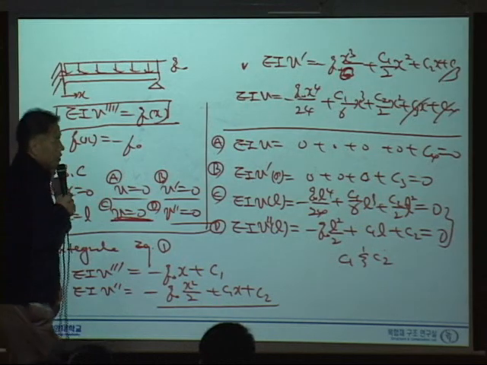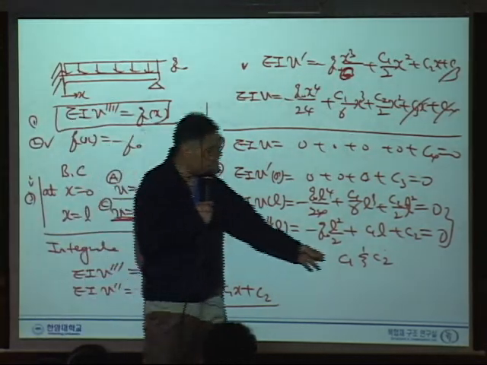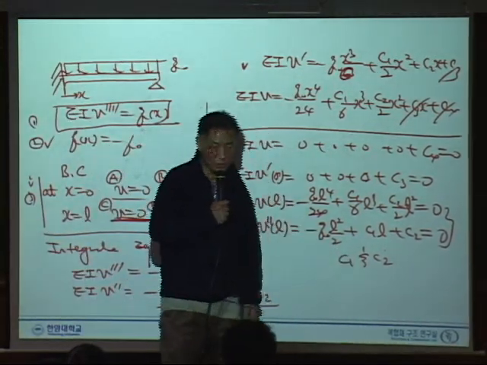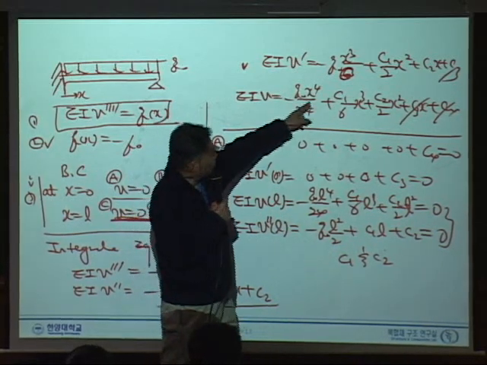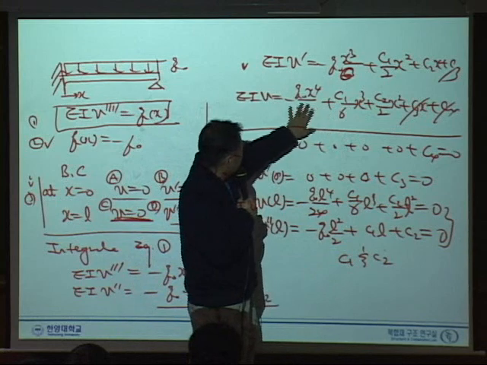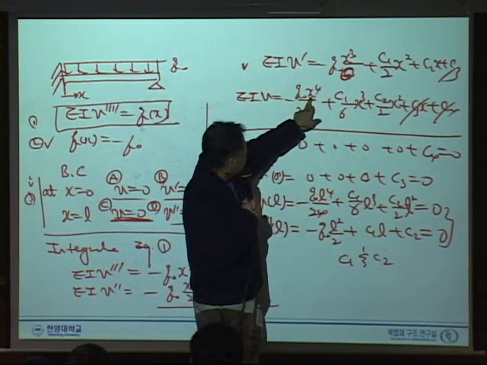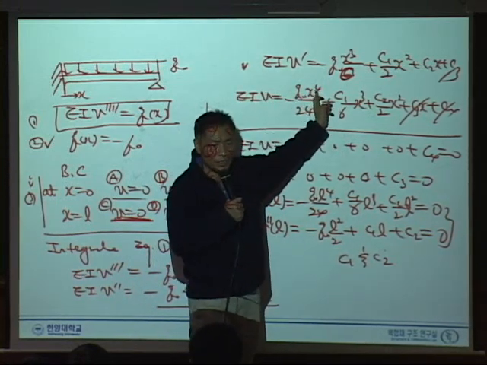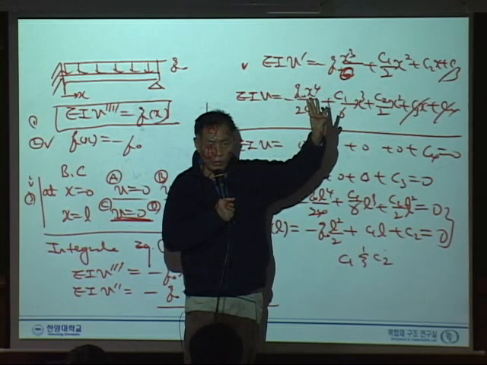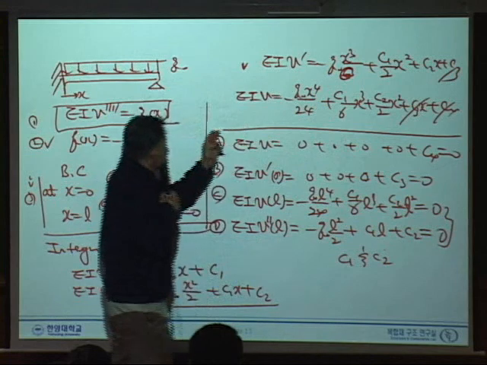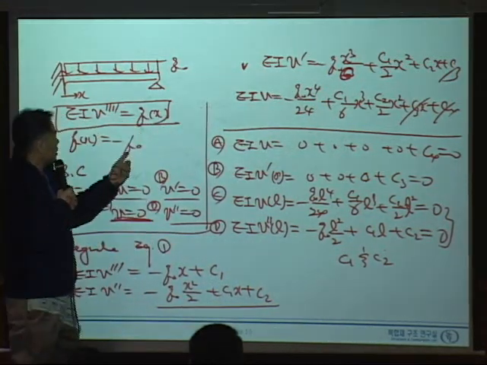So as you can see here, I'm sure you can solve C1 and C2. And C1 and C2, look at here. This is the function of x to the fourth power. The reason is simply that this one is the constant.